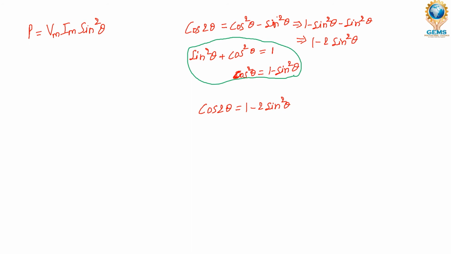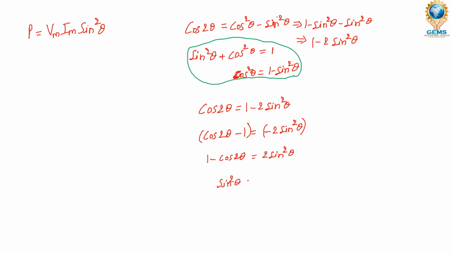Here, I am taking this one to this side. Cos 2 theta minus 1 equals minus 2 sin square theta. If I multiply both sides with minus, we will get 1 minus cos 2 theta equals 2 sin square theta.